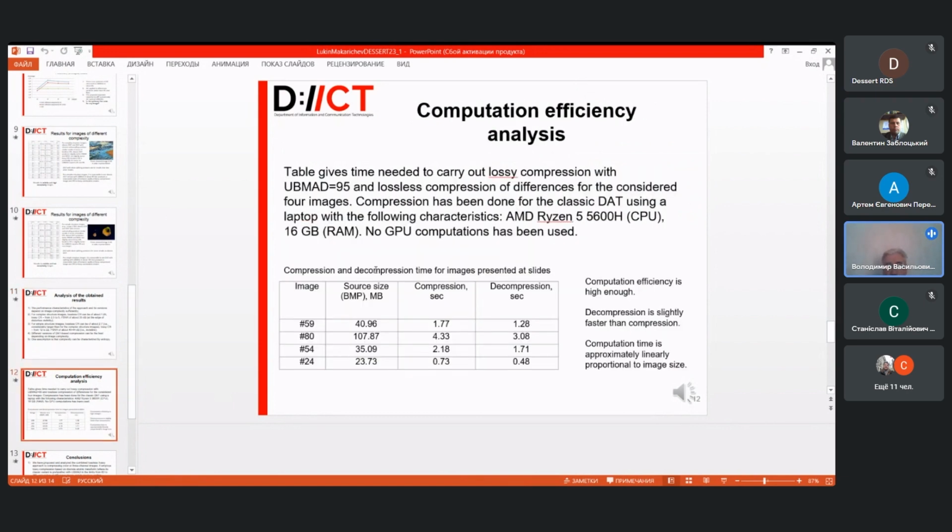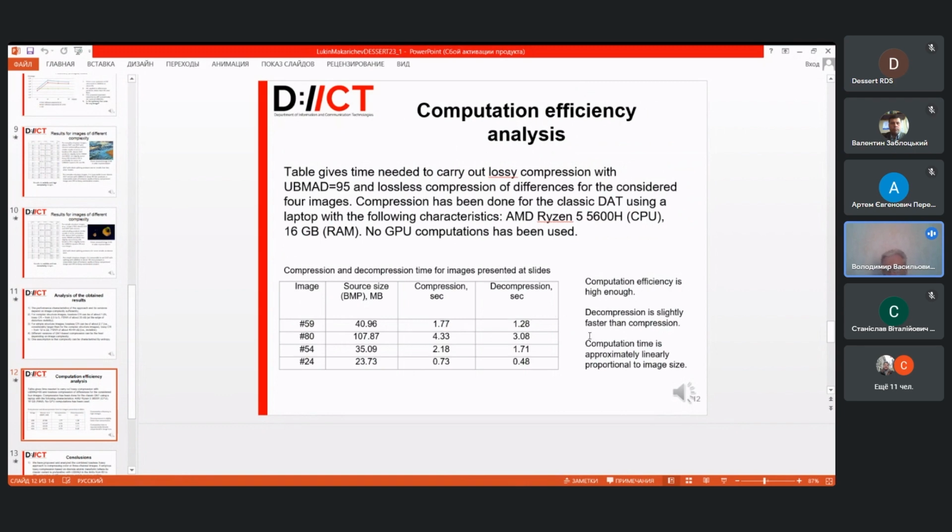Then we have also analyzed computational efficiency. Here are the parameters of our computer used in this case, and the conclusions are the following. For images having tens of megabytes, up to tens of gigabytes, the computational efficiency is high enough, and compression and decompression take only a few seconds.